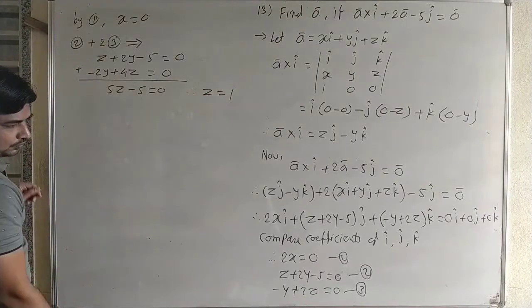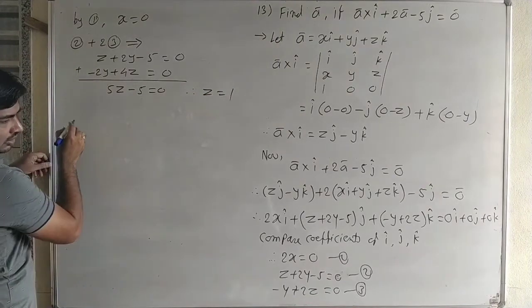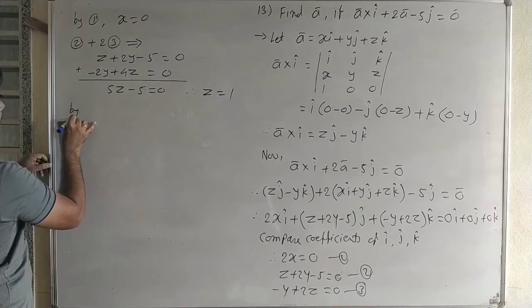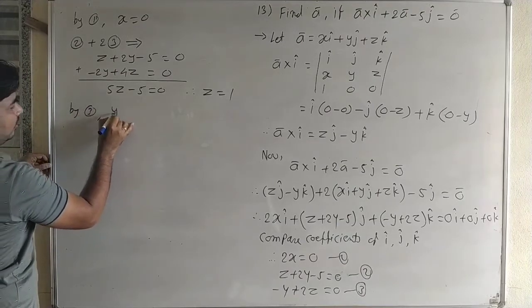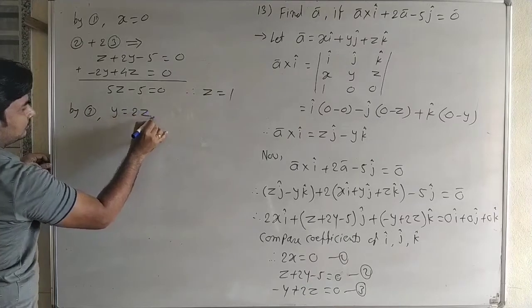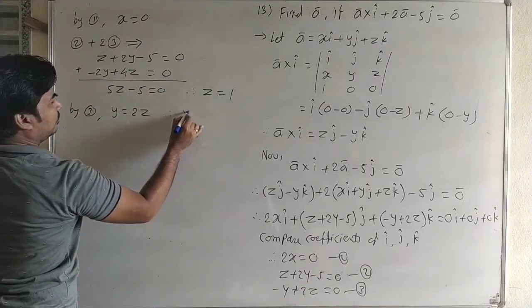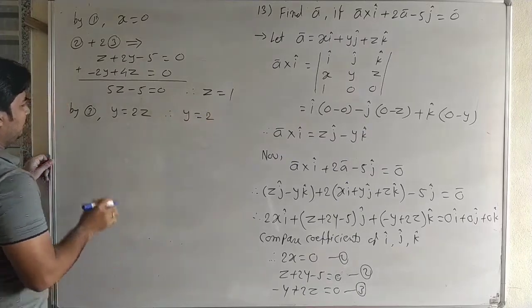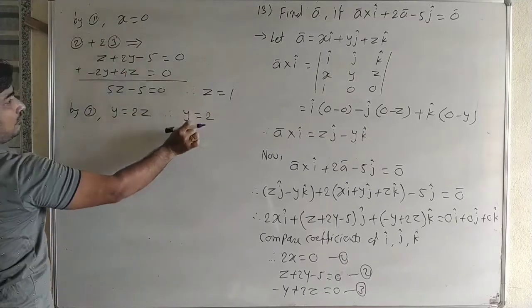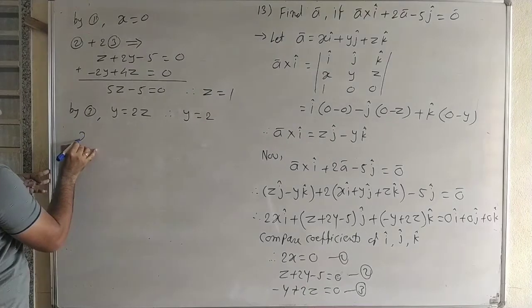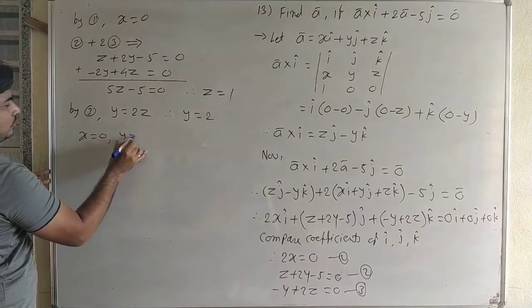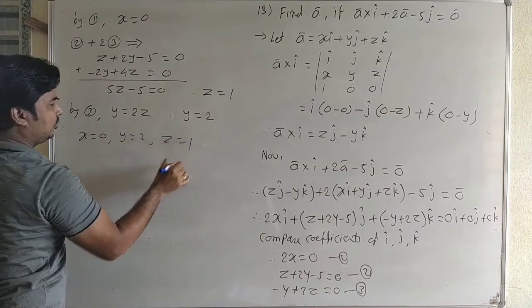Z is equal to 1. By equation number 3 we get y is equal to 2z, and therefore y is equal to 2 because z is equal to 1. Then x, y and z: x is equal to 0, y is equal to 2 and z is equal to 1.